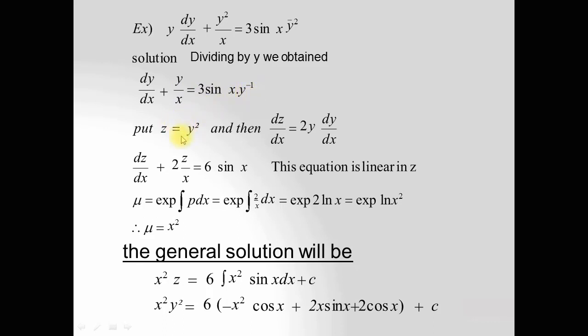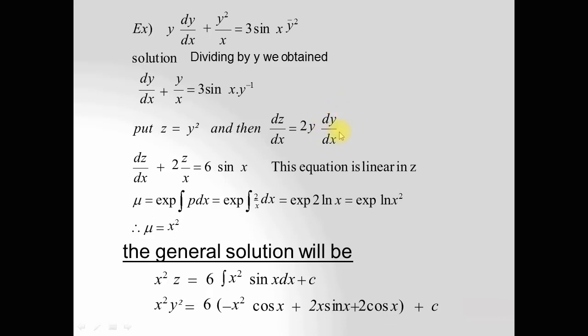Now using a substitution, for example z is equal to y square, and taking the derivative with respect to x, using the power rule, dz by dx is equal to 2y into dy by dx.